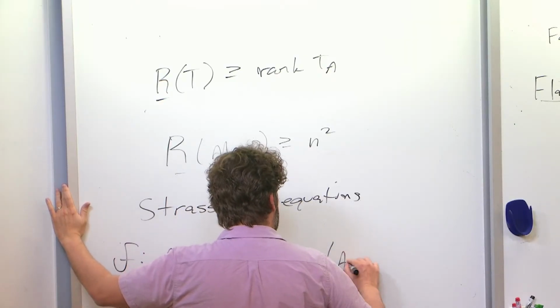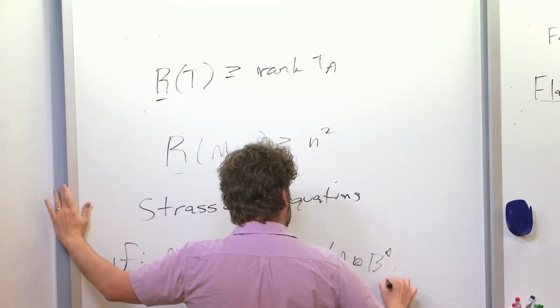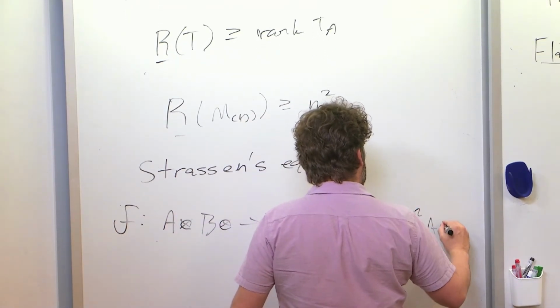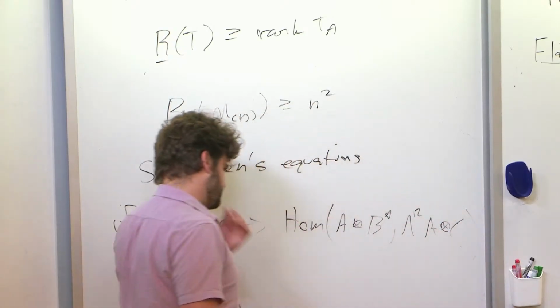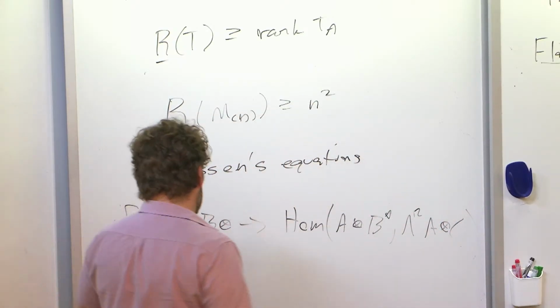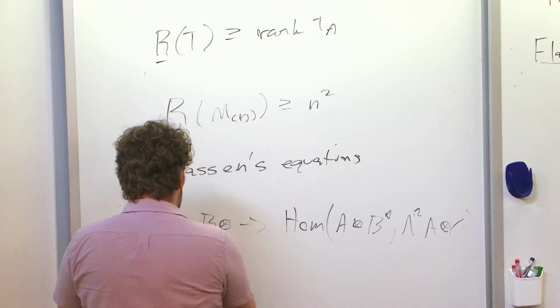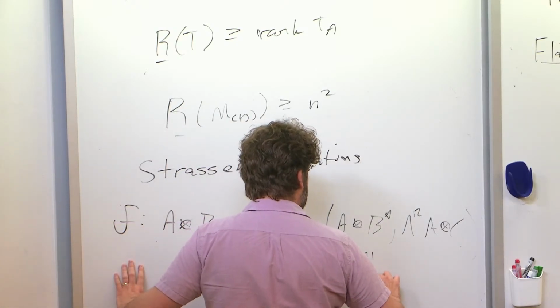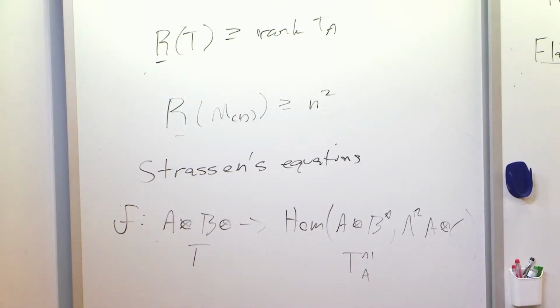It's going to be A tensor B dual maps to wedge 2 A tensor C. And maybe I should name what this is. I'm going to call this T wedge 1 sub A. But in case it's not 100% clear what the image of this is, let's build it up step by step.